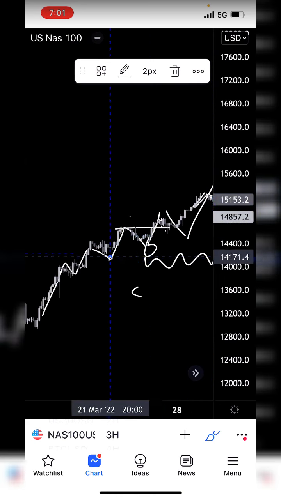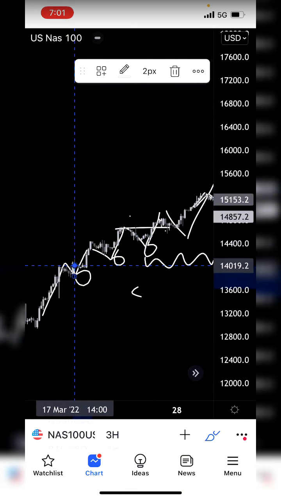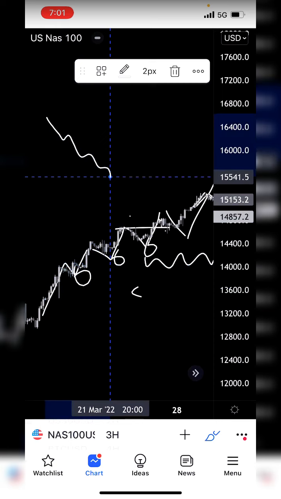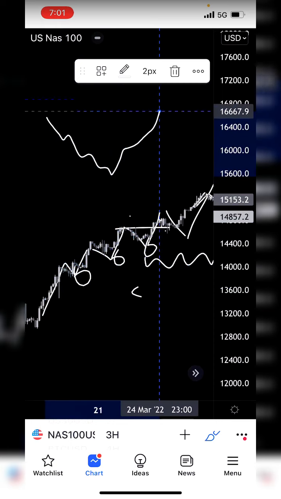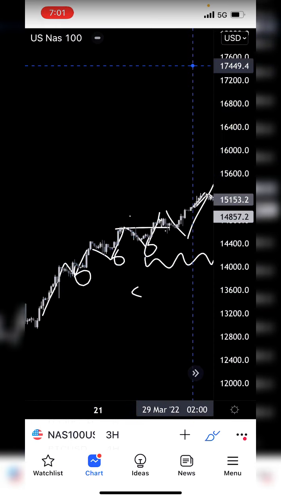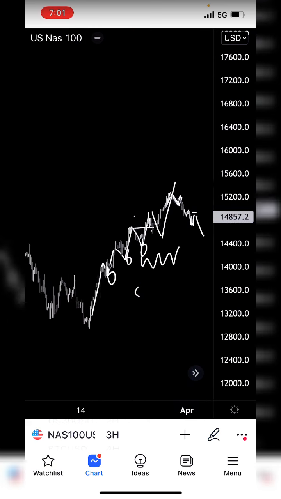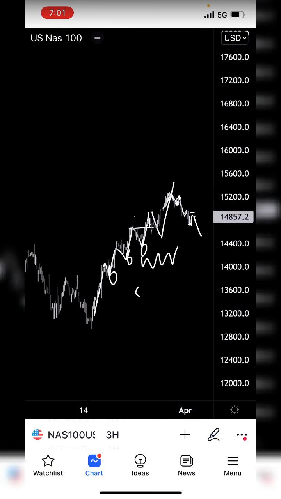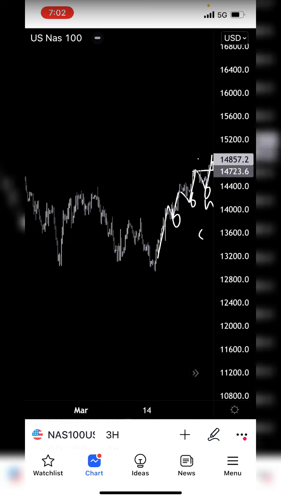Every time it gets down, I'm finding a position where price will come down, and it changes on a smaller time frame, it comes back up. I don't know if that makes sense, but yeah, that's how I trade.